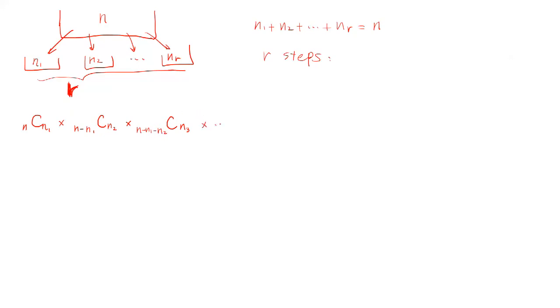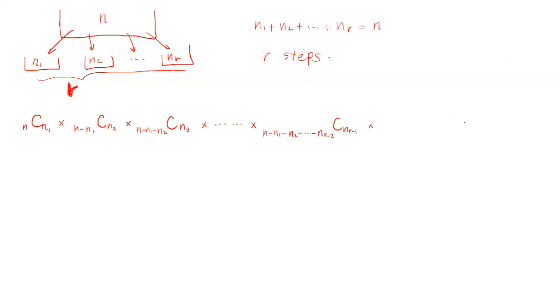In the same way, how about the second to last step? How many different choices are there? We need to choose n r minus 1 out of n minus n1 minus n2, etc., minus n r minus 2 different elements, right?